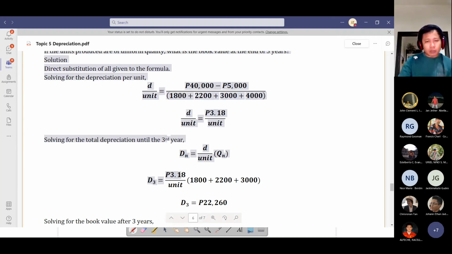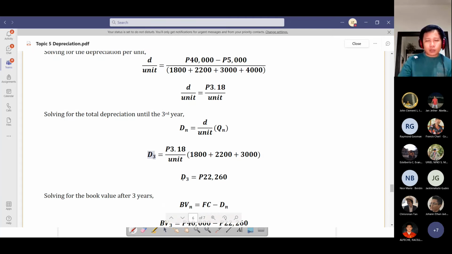The depreciation per unit times the number of units produced until the third year only: 1,800 in the first year, 2,200 in the second year, 3,000 in the third year. Again, only up to the third year, because we are looking for the total depreciation until the third year. So the total depreciated amount is 22,260.